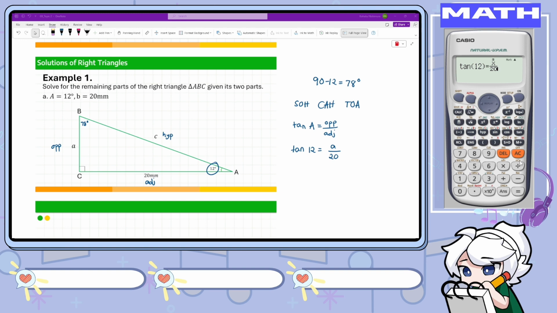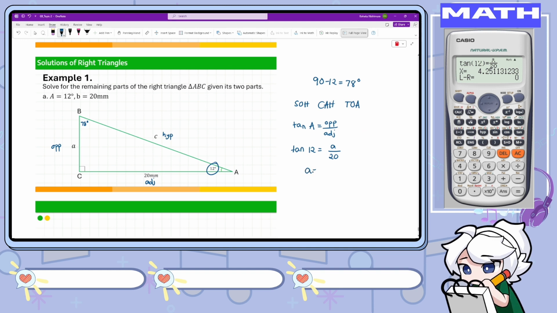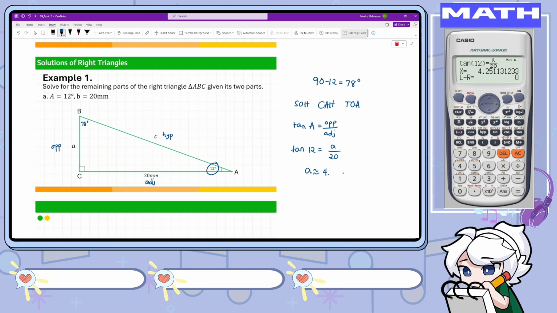Once you are done with this one, press shift again and then calculate, or you will have the solve. When you press equal, you have your answer, in which the answer for A is approximately equal to 4.25.